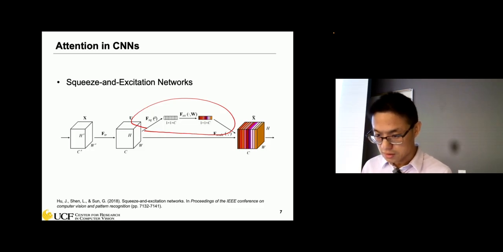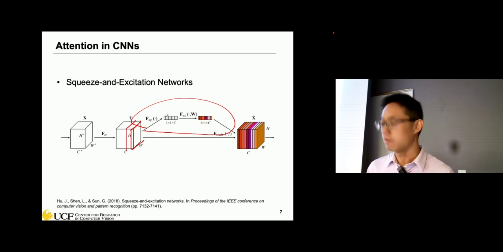The squeeze and excitation module means you want to compress. So you have this global average pooling, which means for each of these channels, one channel, and another channel like this, you do global average pooling, so you end up with 1 by 1 by C. You have C numbers, each channel collapsing into a single scalar.